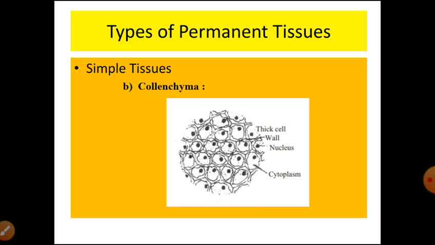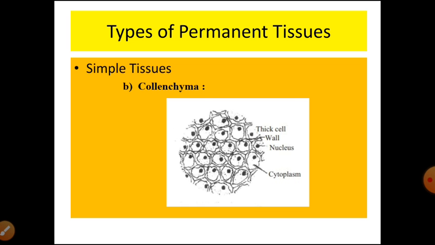The cell wall has depositions, and intercellular spaces are absent in collenchyma. These collenchyma cells are living mechanical tissues. They give mechanical support to the organs where they are present.